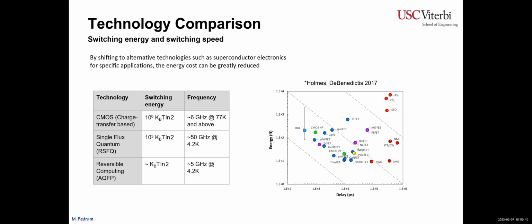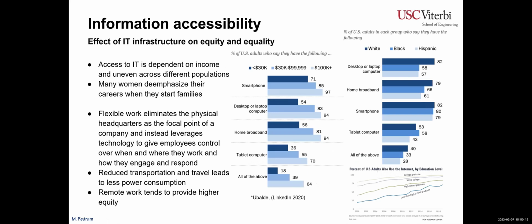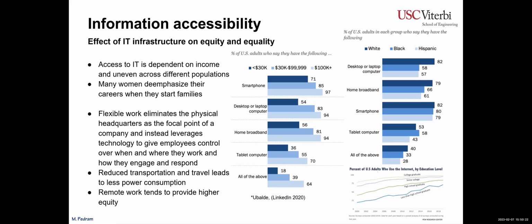All right, so information accessibility is quite important. There are well-known studies that show information is provided to people in different parts of society based on their income or gender or race in different ways.